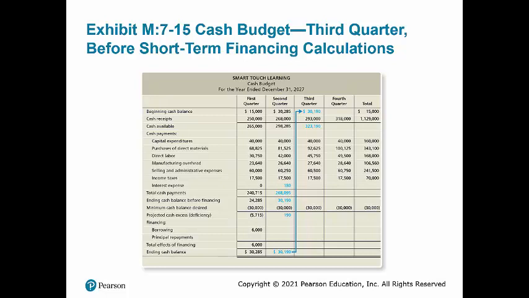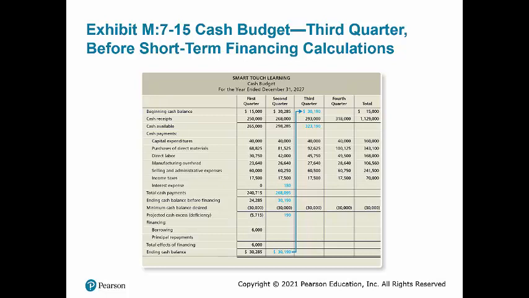So we would multiply 3% times 6,000 and we would get interest expense as shown for the second quarter of $180. That would be added to our total cash payments. We would subtract our total cash payments of $268,095 from our total cash available of $298,285, and that gives us a projected cash balance of $30,190 for the second quarter.